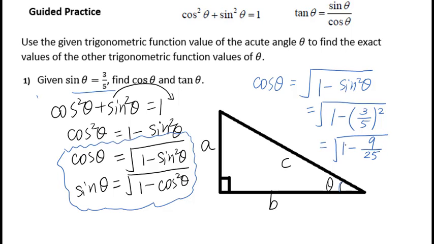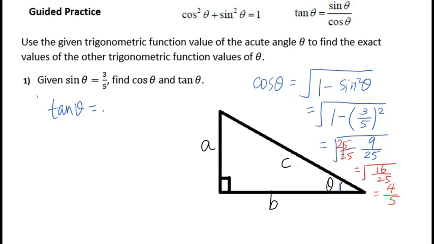We can change this 1 into 25 over 25. So we get square root of 16 over 25, which means 4 over 5.